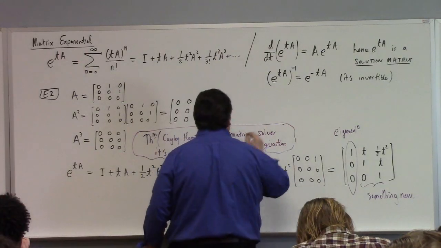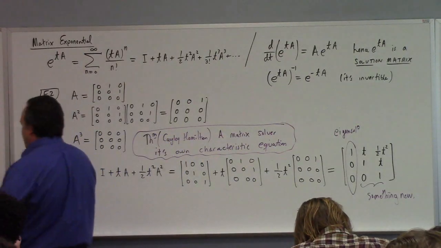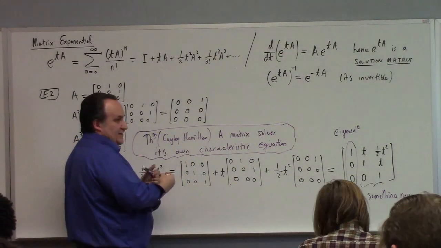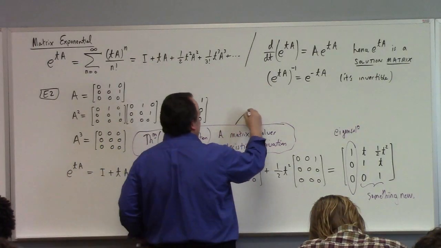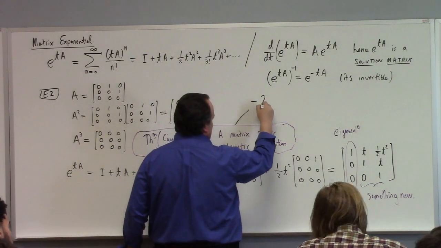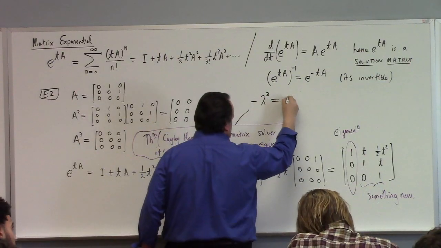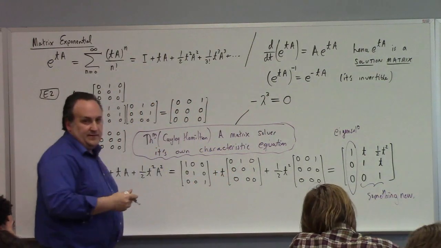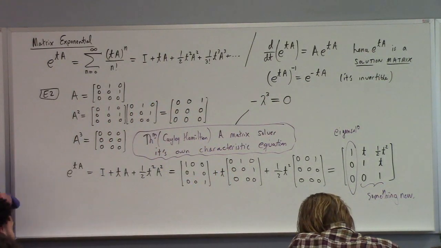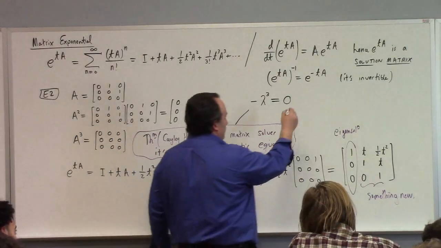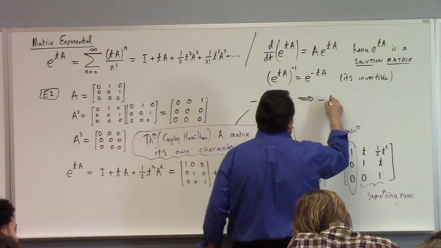What was the characteristic equation here if we write it in terms of lambda? The characteristic equation was minus lambda cubed equals 0, right? That's the characteristic equation. See, the matrix solves that. A cubed, minus A cubed is in fact equal to 0.